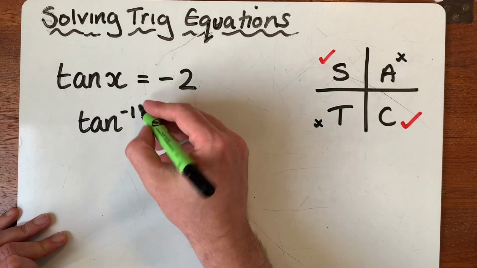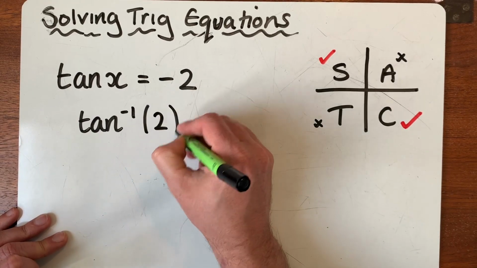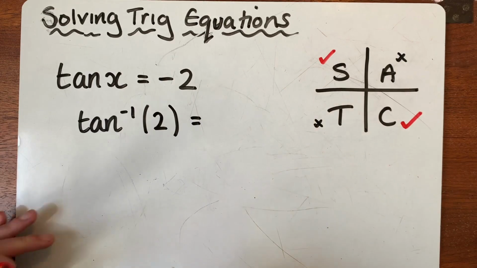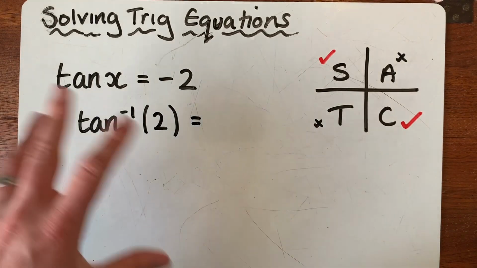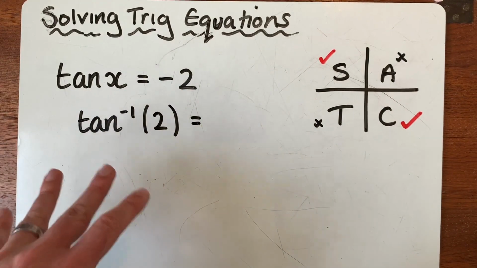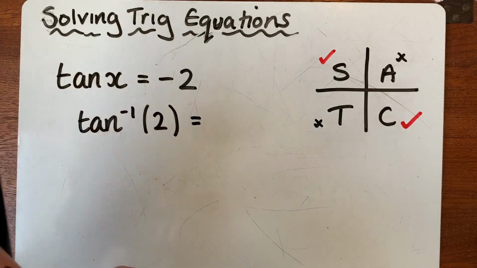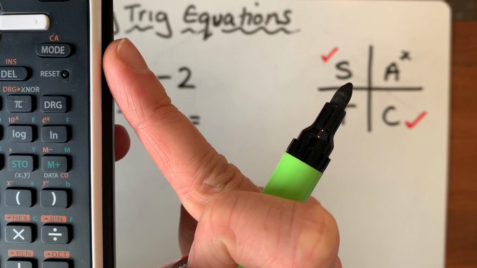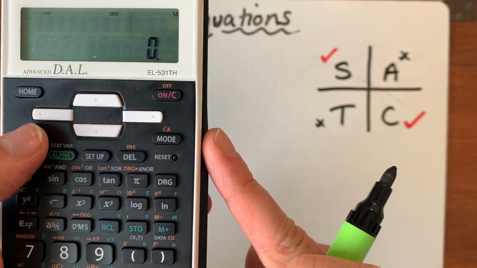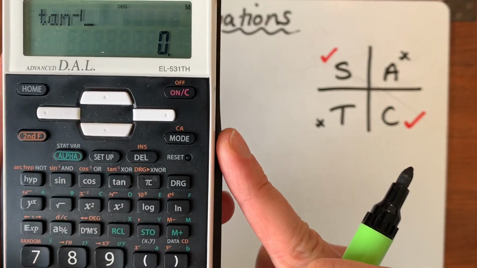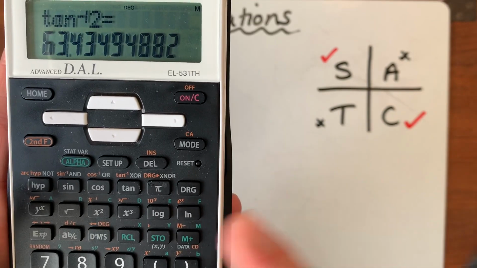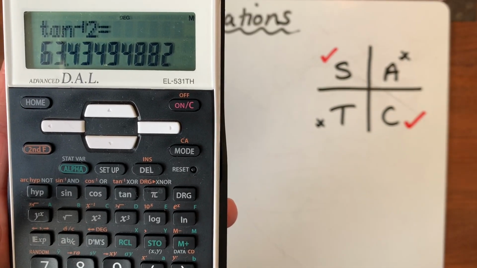So we're going to take the inverse tan of 2, positive 2, and that's really important. So a wee rule is that we're never going to put a negative into our calculators when we're solving these trig equations. In our calculators then, we're going to do second function, same as last day, tan, and today 2, I'm going to push equals, and we get an answer of 63.4.